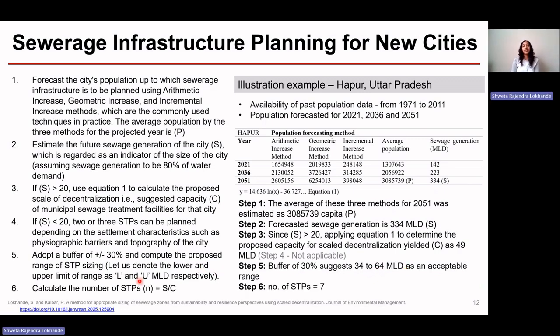The last step is calculating the number of sewage treatment plants, which comes to 7 in this case. The key significance of this number 7 is with respect to planning the infrastructure in a decentralized way. At the planning phase itself, multiple land parcels, 7 in this case, can be planned for sewage treatment, and this can avoid the bottleneck of land for sewage treatment in the future.